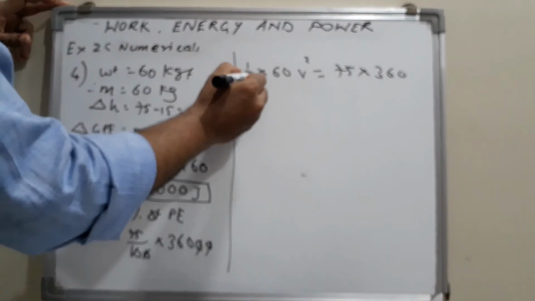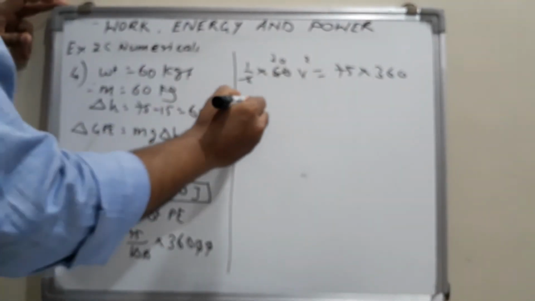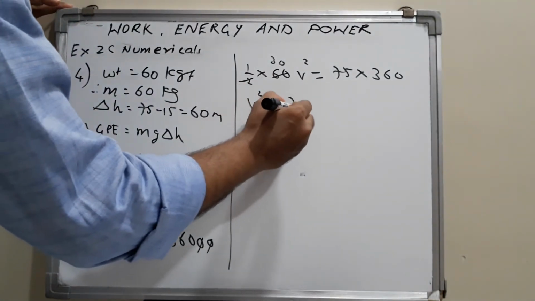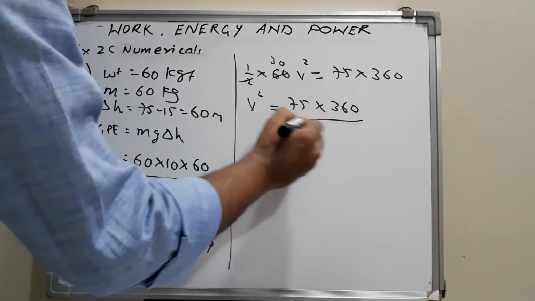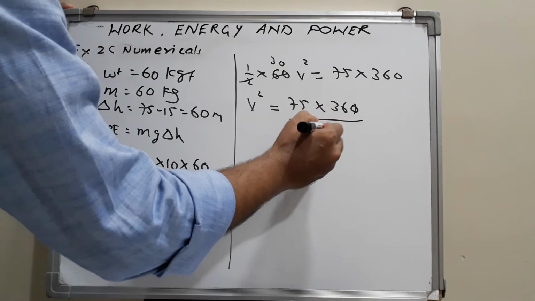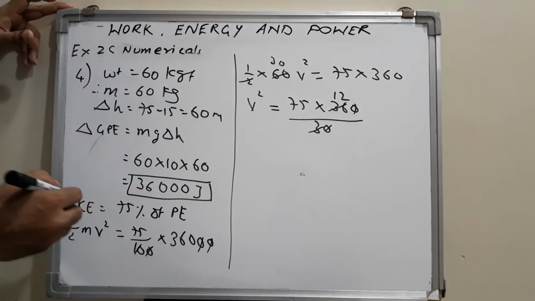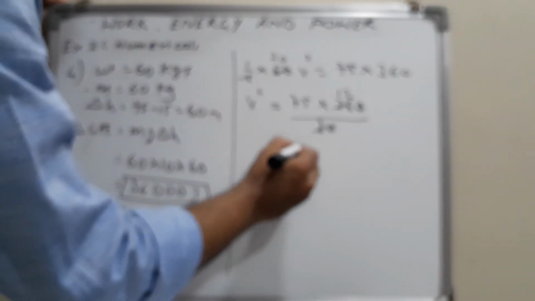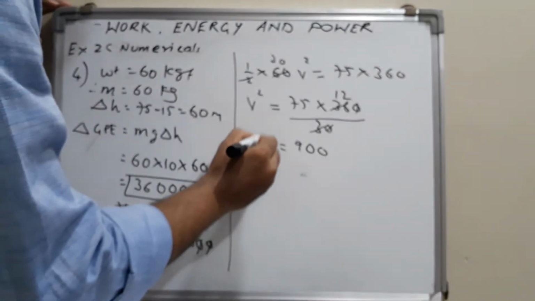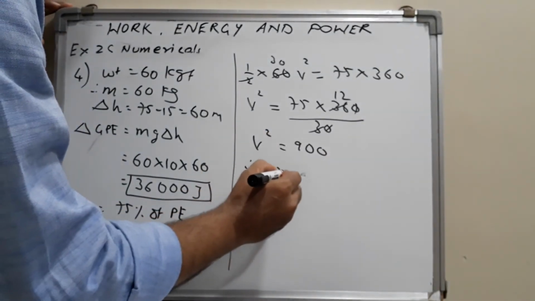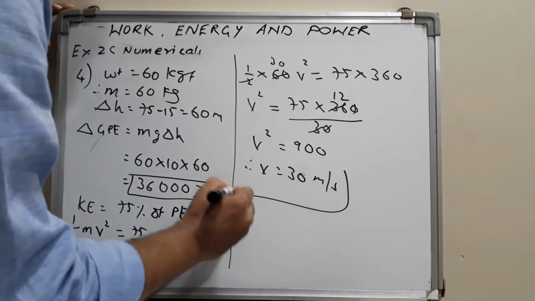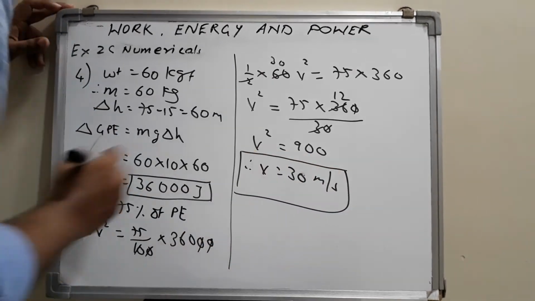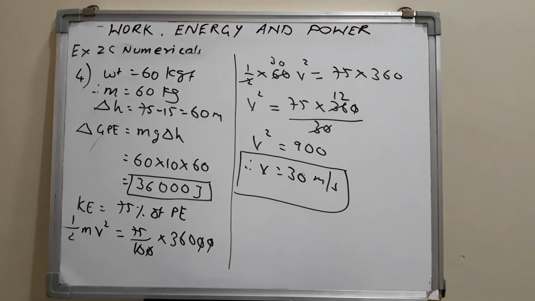So now I'll cancel this. This becomes 30. So v square is equal to 75 into 360 upon 30. I'll cancel one more zero, and this gets cancelled, becomes 12. 75 into 12 is 900. Therefore, V is 30 meter per second. This is our second answer. The speed of this skier is 30 meter per second.